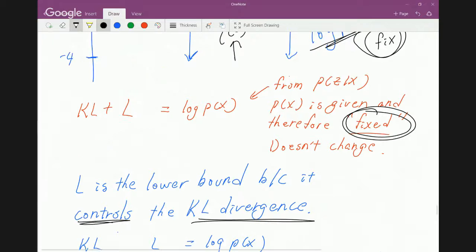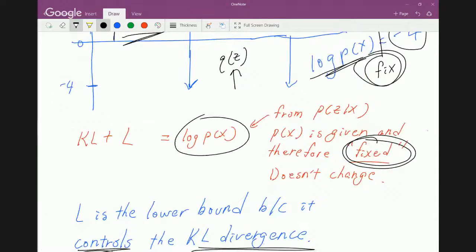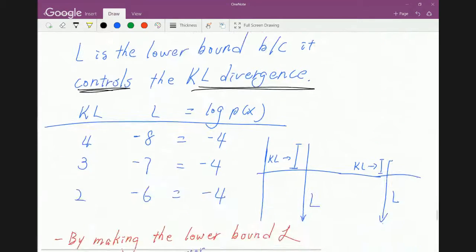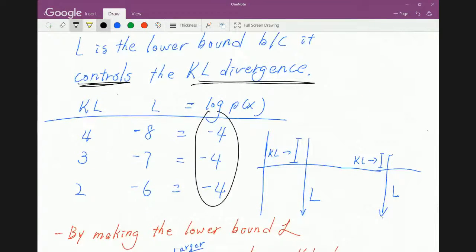Now, let me show you what I mean. If this is fixed, by playing around with this, you essentially control this, controlling the KL divergence. Over here, like I said, this value is fixed. It's never going to change. However, if you start making the lower bound less negative, in other words, a higher and larger value, -6 is larger than -8.